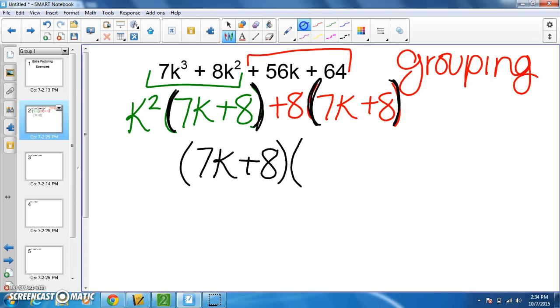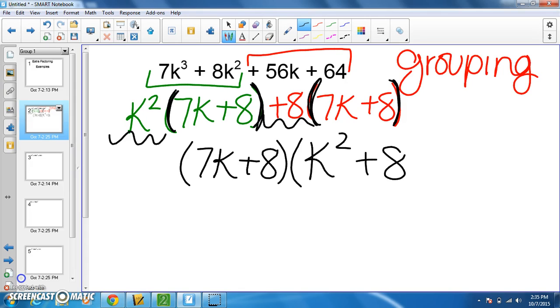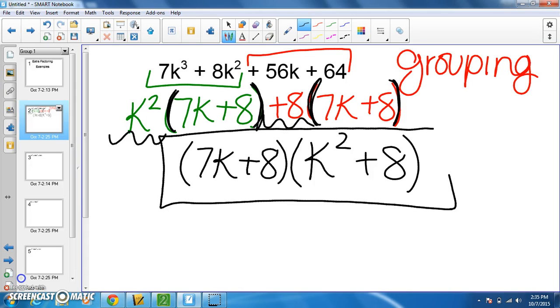I create my second factor by using what's on the outside of my factors. So I have k squared plus 8. I have to double check that I can't factor further inside my parentheses, which I cannot, and I have my factored form of my polynomial.